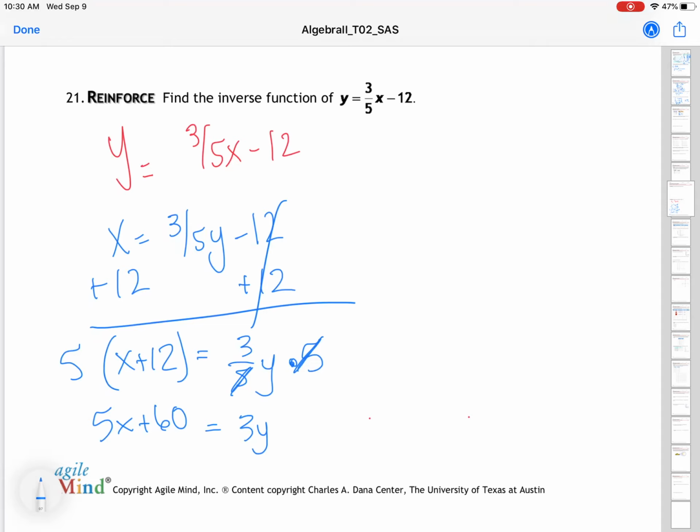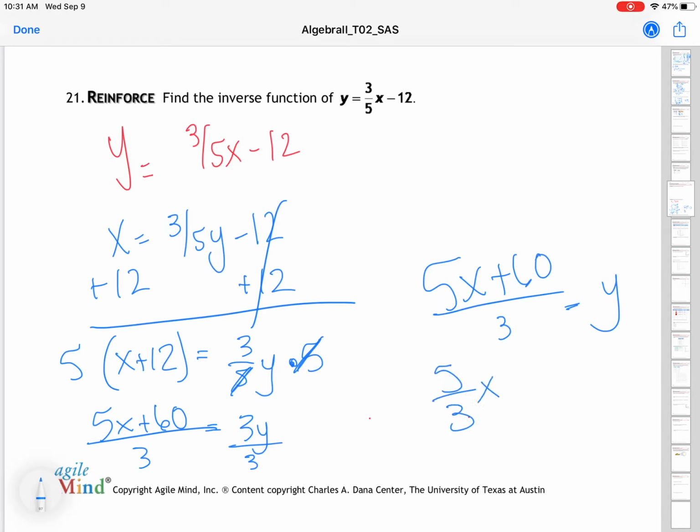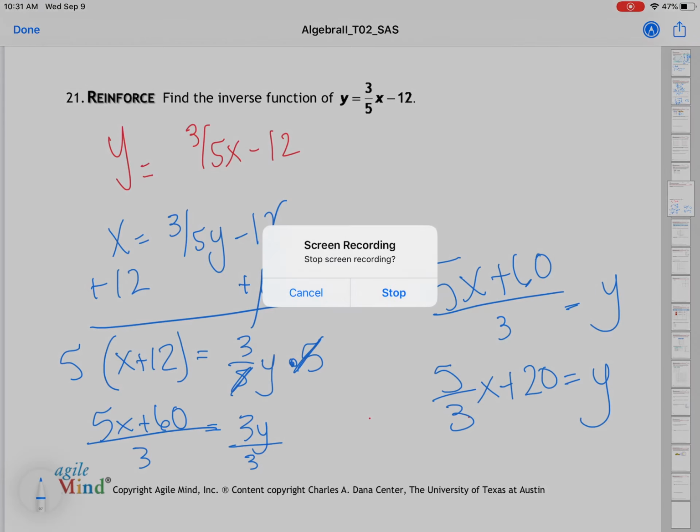They cancel because one is on the top and one is on the bottom, so I'm just left with 3y. Dividing by 3 on both sides, I'm left with 5x plus 60 divided by 3 equals y, or I'll simplify: 5 over 3 x plus 20 equals y.